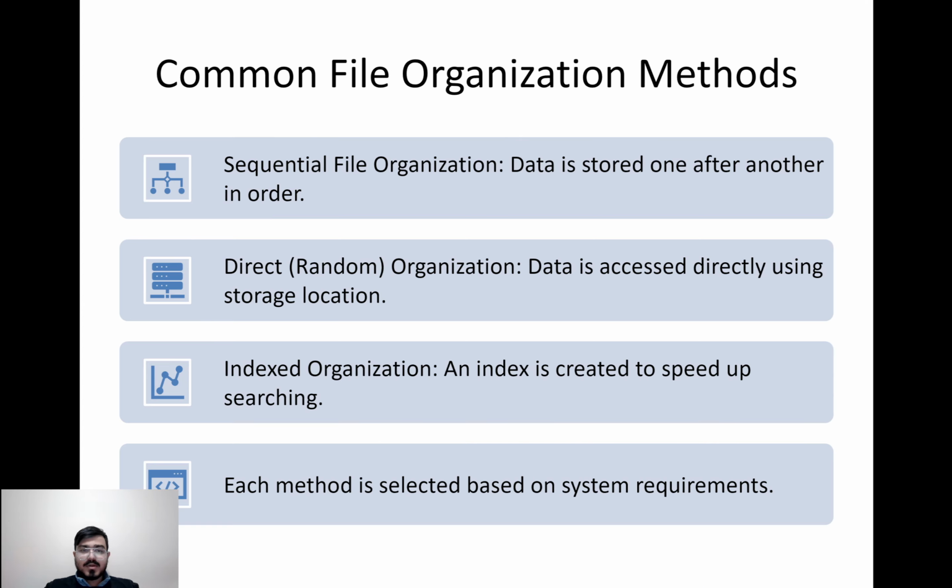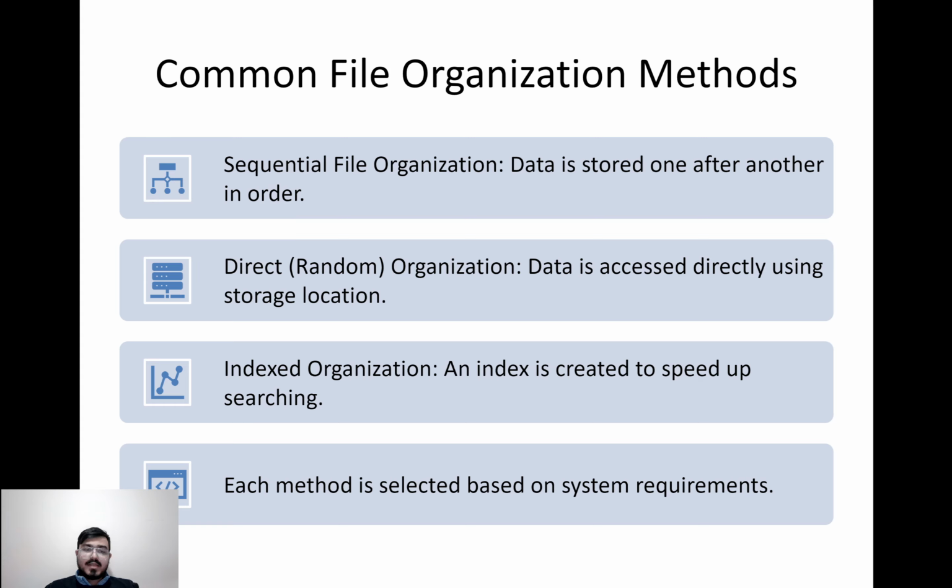So let's talk about common file organization methods. Sequential file organization means data is stored one after another in order. It is simple, but searching can be slow if the file is large. Second one, direct or random organization. This means data can be accessed directly using a storage location. This can be faster, but it needs proper addressing.